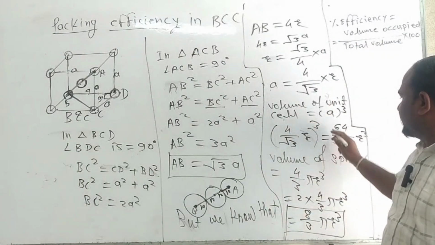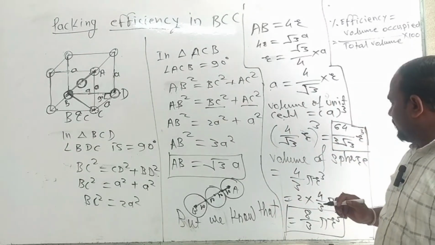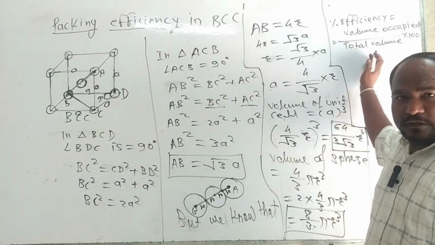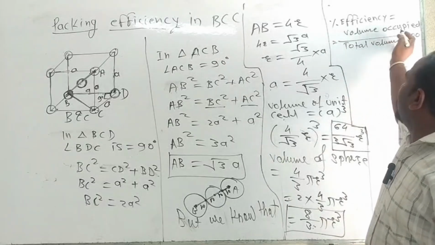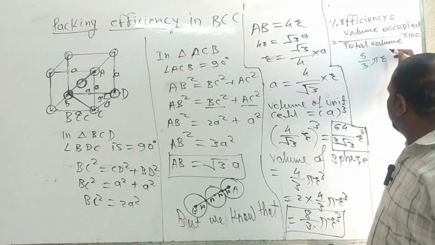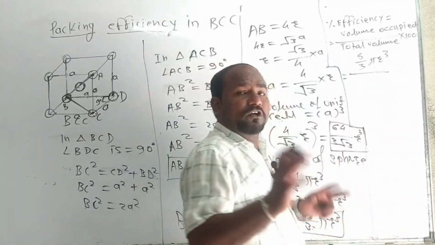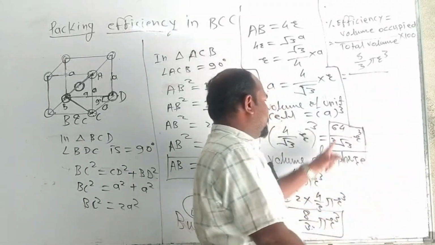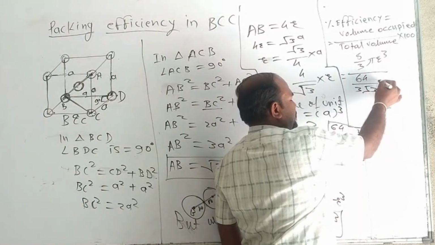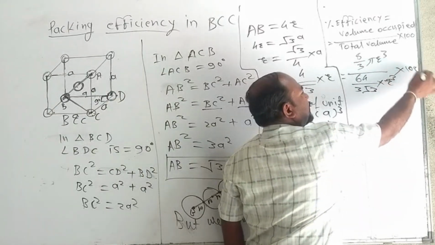This is the total volume of unit cell, and this is the volume occupied by 2 spheres. Now put the values into this equation. Volume occupied by 2 spheres is 8 by 3 pi R cube, and total volume of unit cell is 64 by 3 into root 3 into R cube, multiplied by 100.